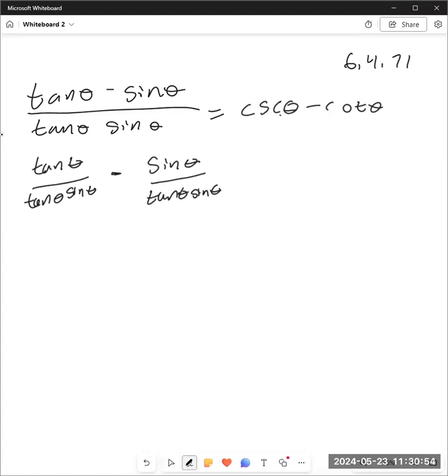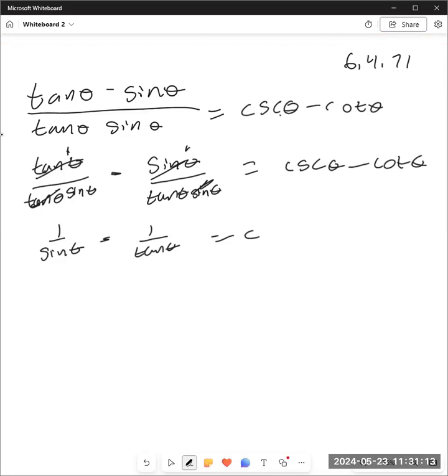And then we're going to cancel out here and make this 1 over sine theta, and cancel out here and make this 1 over tan theta. And by reciprocal identities, this is cosecant theta minus cotangent theta.